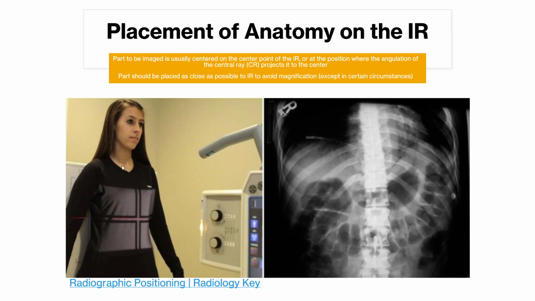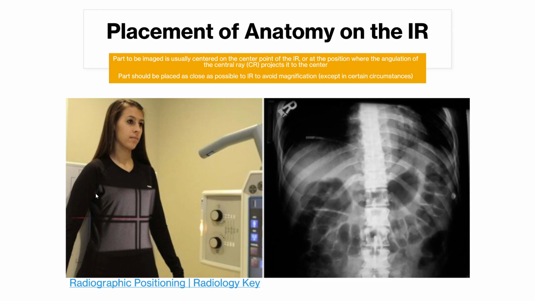So if we're trying to set her up for a chest X-ray, if we think about the heart's location, the heart is more anterior than it is posterior. It's closer to the front of your chest than the back of your spine. So if we're trying to take a really good picture of the chest, we actually don't want her to be A to P. The best way we can do it is P to A. She's currently standing A to P because the X-rays would travel through her anterior and go to the posterior part of her body.